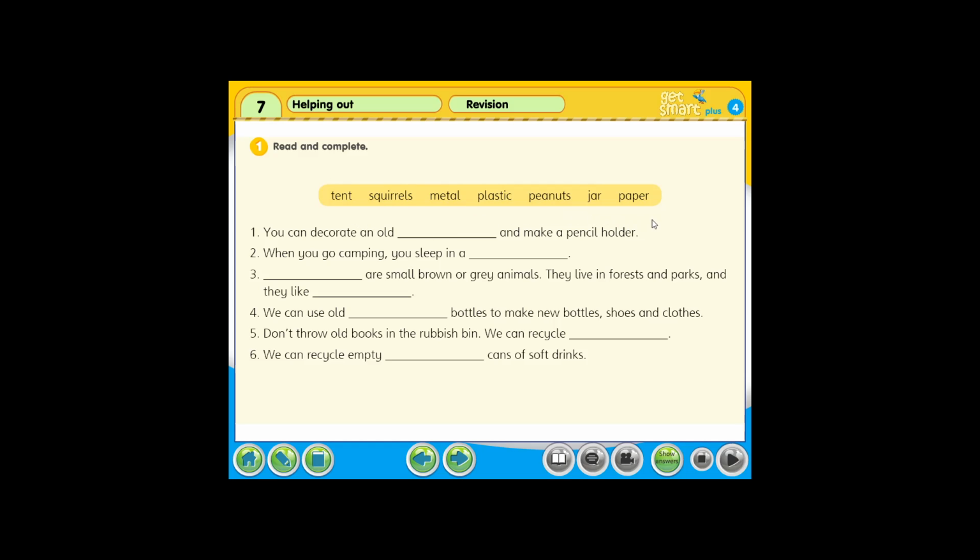using these words here. Now, first of all, do you understand or know these words? For example, tent, squirrels, metal, plastic, peanuts, jar, or paper. Do you know what is it? If I said tent, a tent, can you imagine the picture of a tent in your mind?